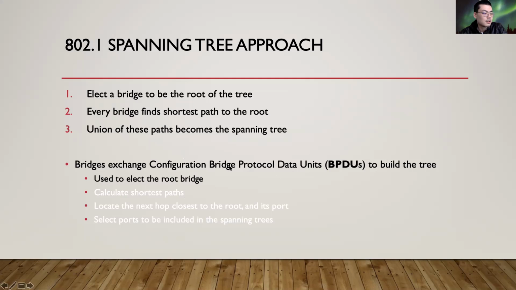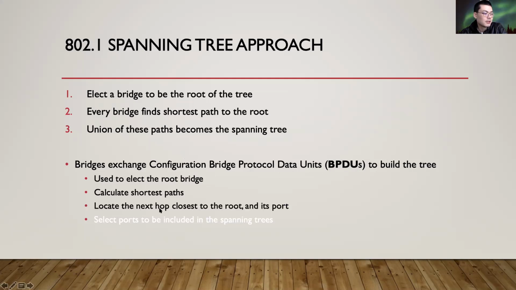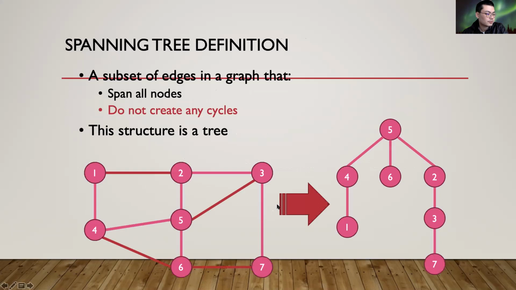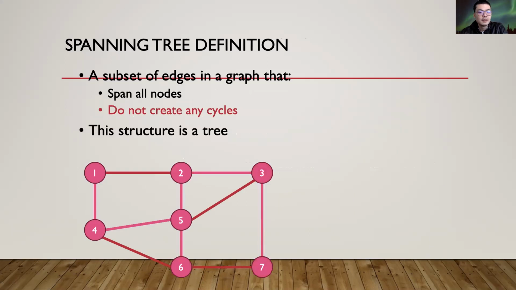So this is the BPDU. This protocol is used to elect the root bridge and calculate the shortest path to the root, and locate the next hop to the root, and its port. For example, 1 will go to 5, but maybe 4 has 3 ports, 1, 2, 3.